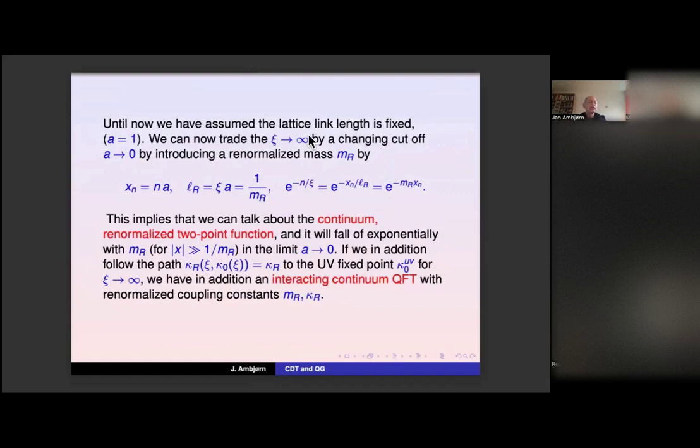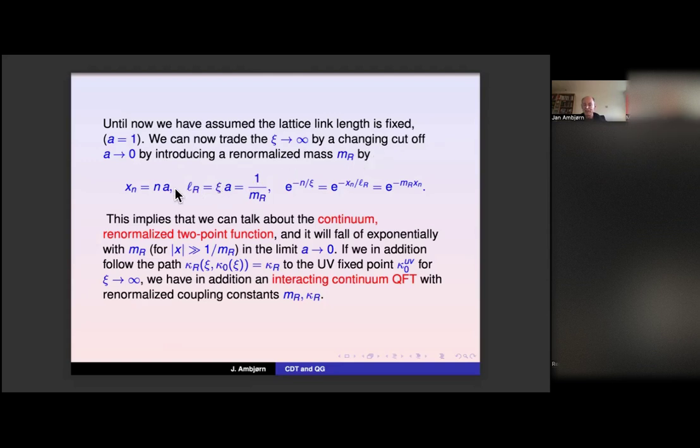Until now, we have just assumed that the lattice length is fixed, a, let this be the length of a link. But if we want, we can trade the correlation length going to infinity for a change of the cutoff, a going to 0, by introducing a renormalized mass.